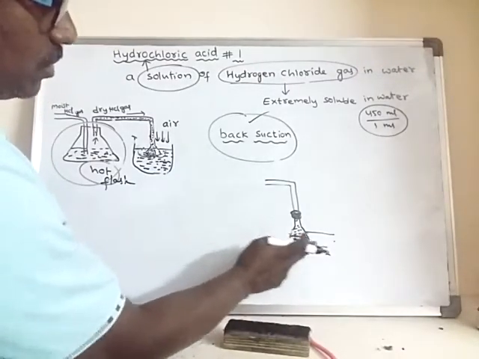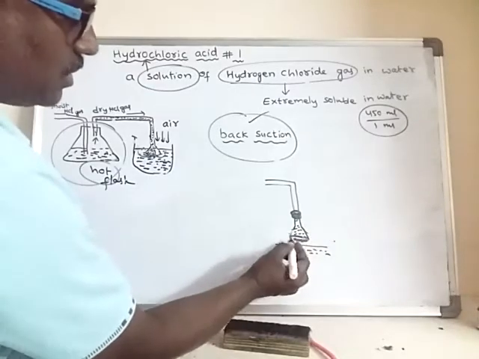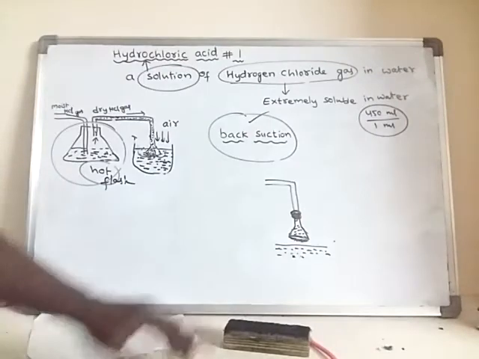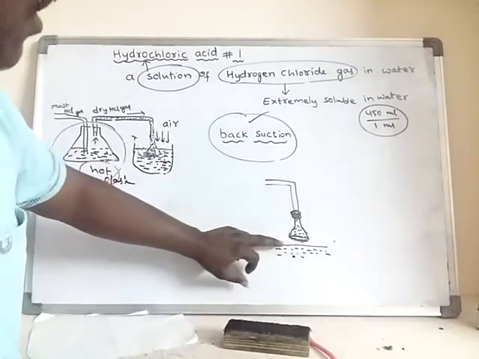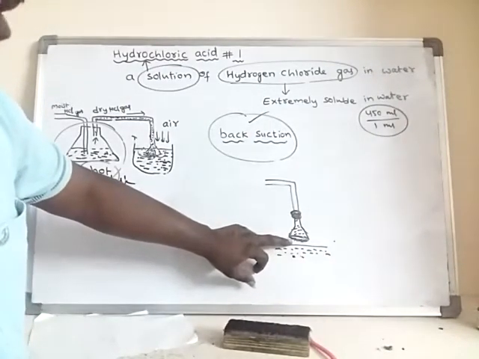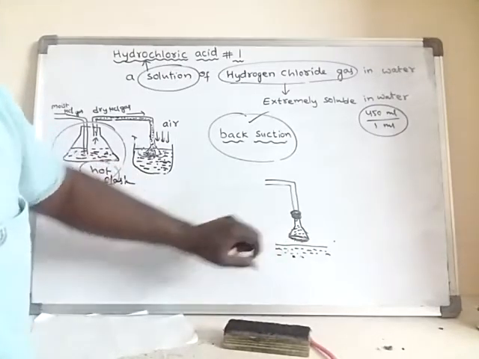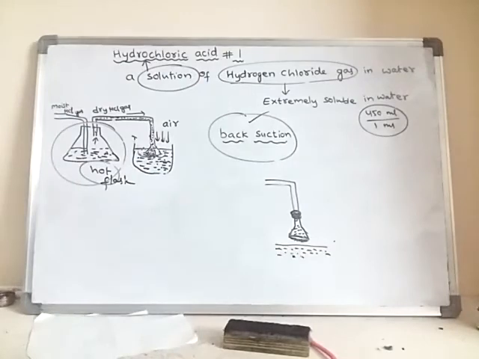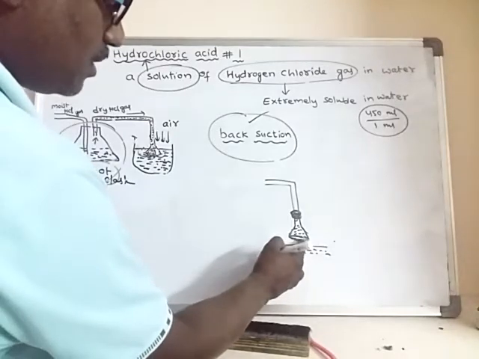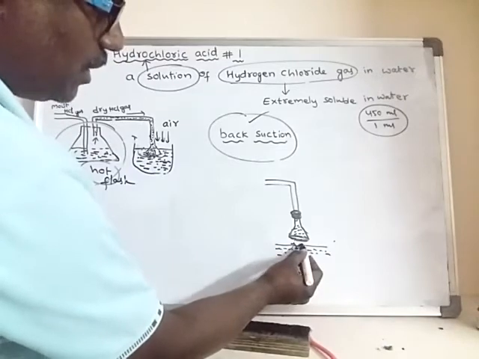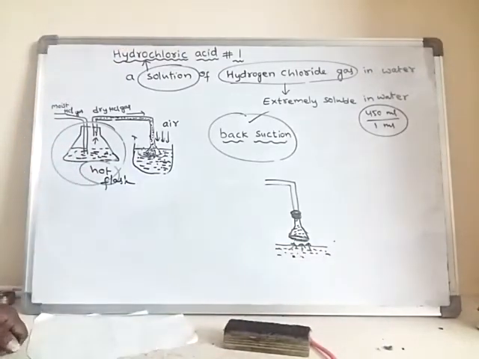As a result, the level of water has fallen down in such a way that an air gap is created between the funnel and the water. So the further flow of water into this funnel is stopped because of the air gap.